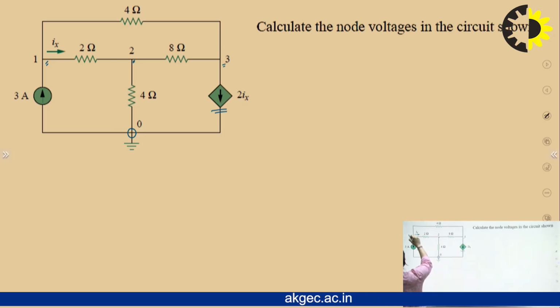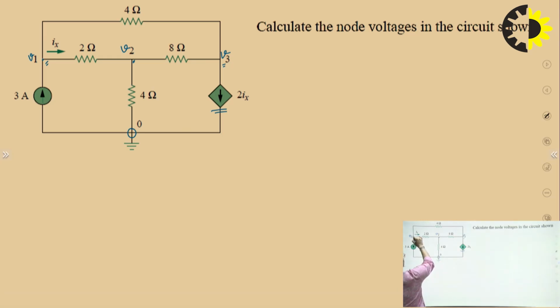Assign voltages V1, V2 and V3 to these 3 nodes. Now, the second step is to apply KCL on these 3 nodes. For KCL, first mark all the currents.